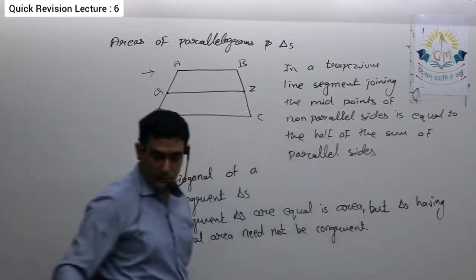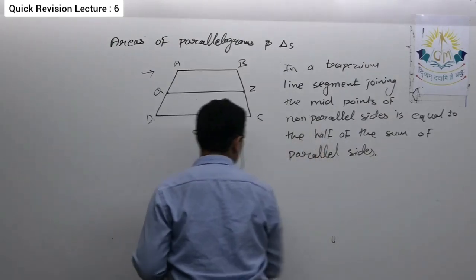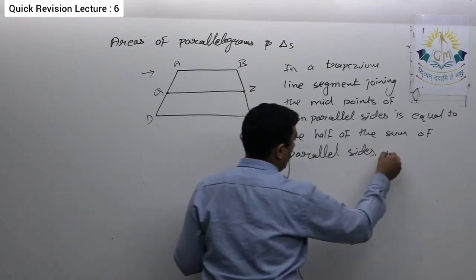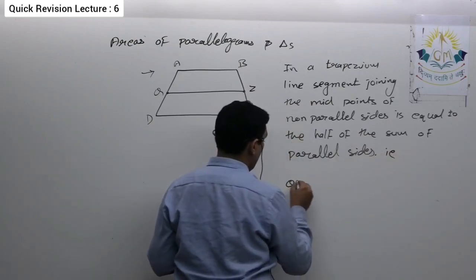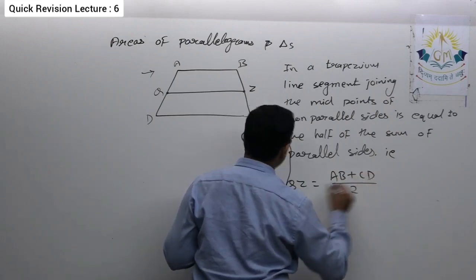Okay, so here according to the diagram I can write QZ is equal to AB plus CD by 2.